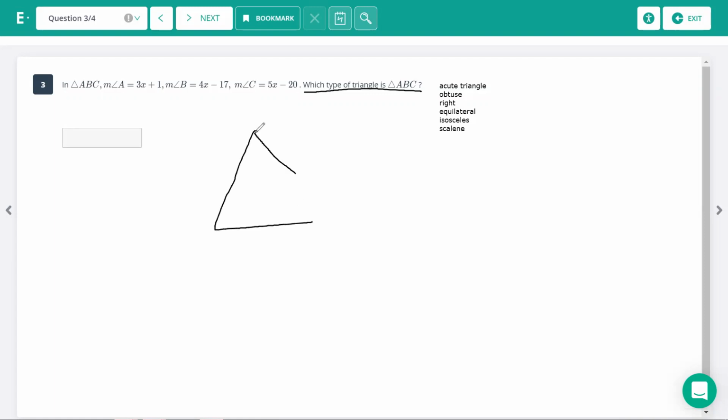Okay, so if I draw triangle A, B, C like this, I know A is 3x plus 1. Now this is very important on where I'm placing my angle measures. B is 4x minus 17, and then C was 5x minus 20.